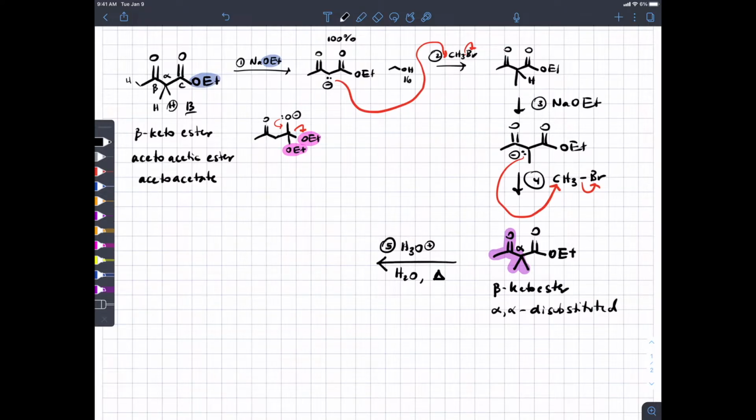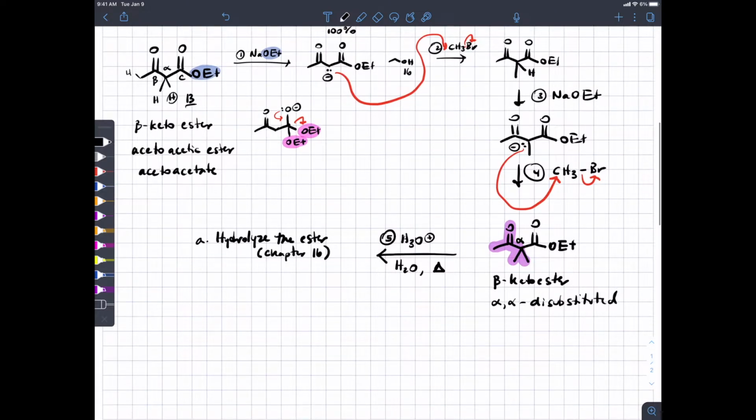So part A of this step 5 is we hydrolyze the ester. If you want to review that, you need to go to your notes in chapter 16 under ester hydrolysis, or turn in the text to chapter 16, ester hydrolysis.